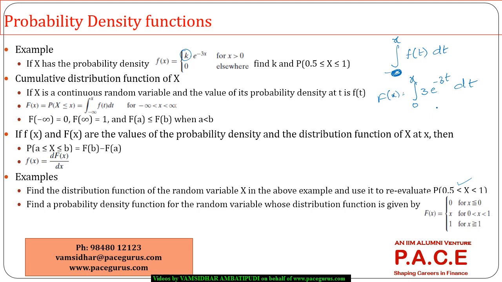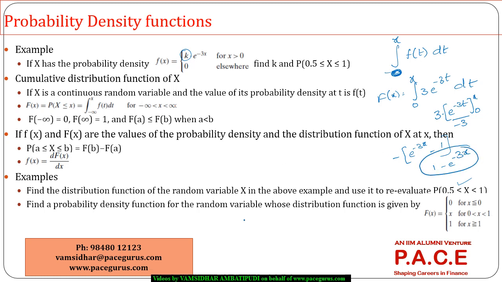So which is coming out as 3 e power minus 3t by minus 3, substituting x and 0. So minus 1 times e power minus 3x minus 1. So basically it's 1 minus e to the power of minus 3x.